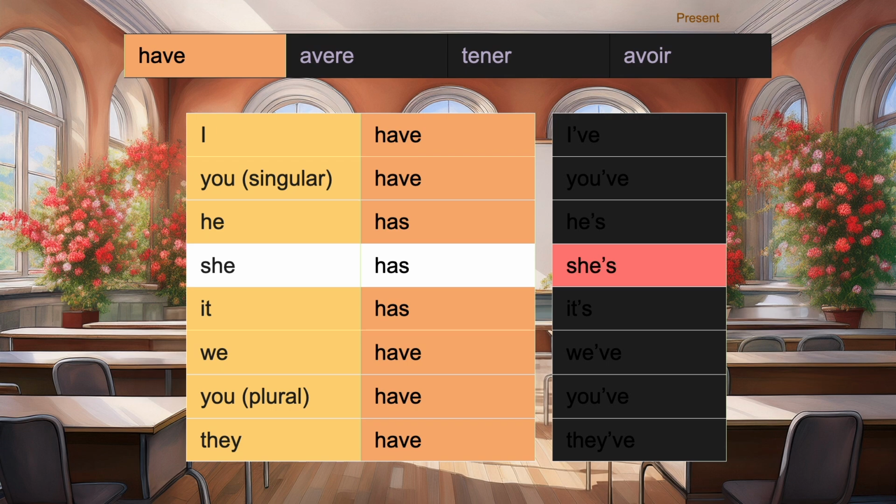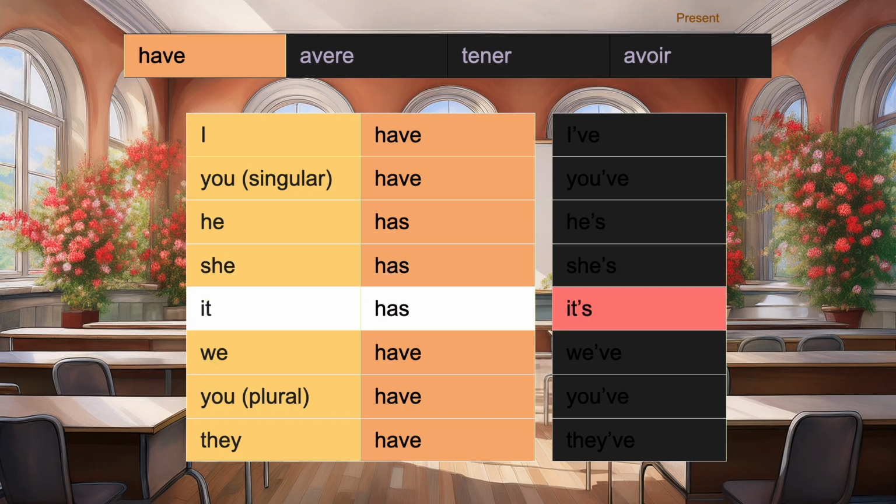Same as she has. If you say she's, it could mean she is or she has. So be careful. Same as it has. If you say it's, that means it is or it has.